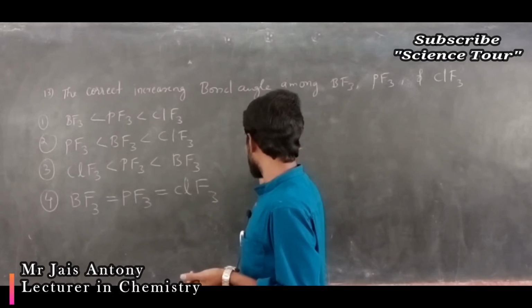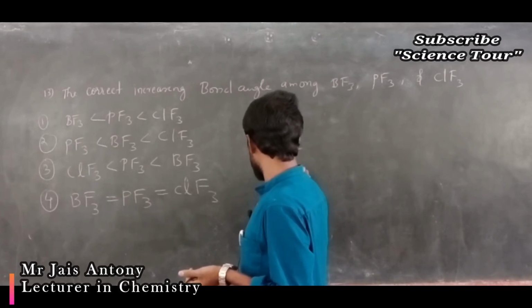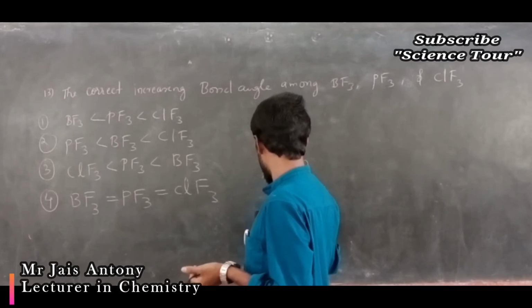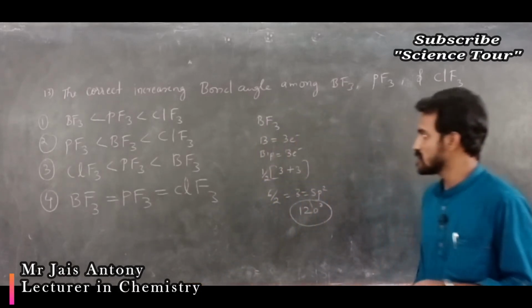So the hybridization of boron is 3 plus 3, 6 divided by 2, 3, which is sp2 hybridization, 120 degree bond angle.